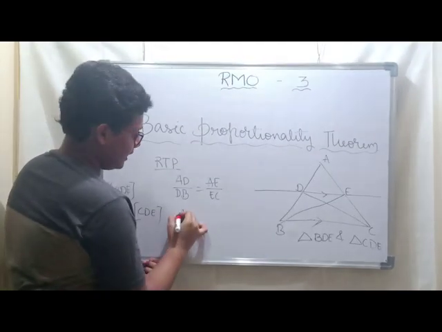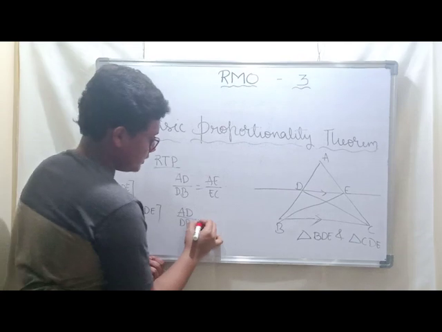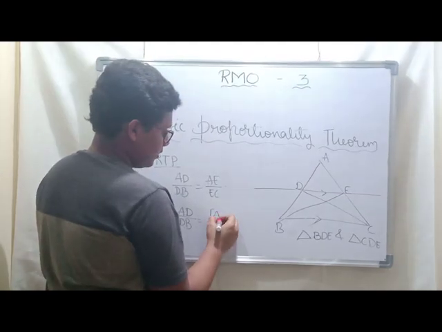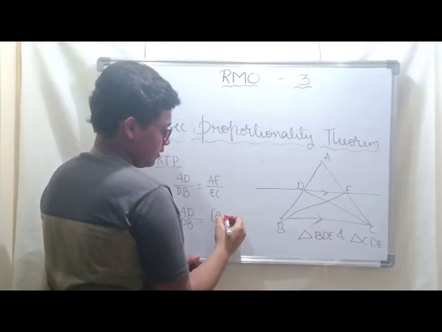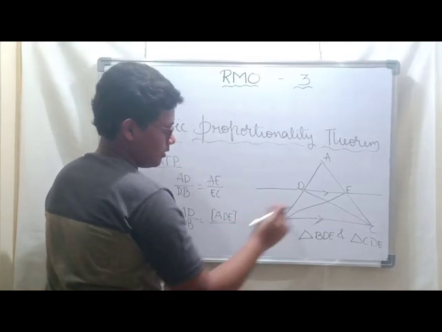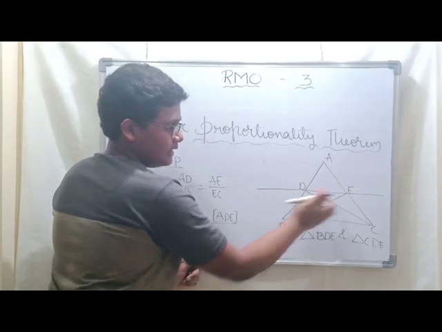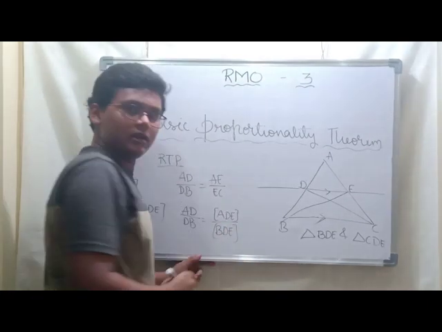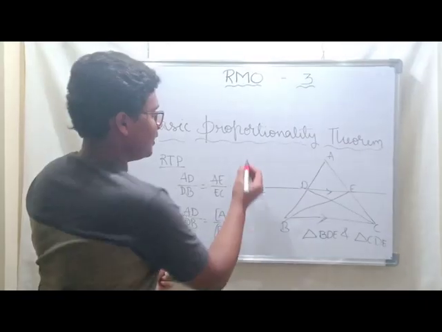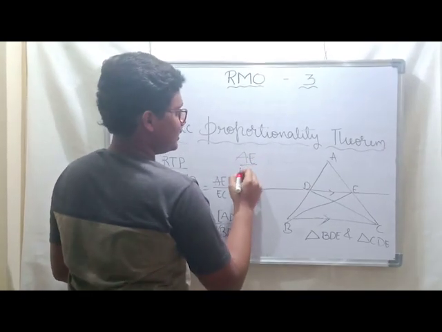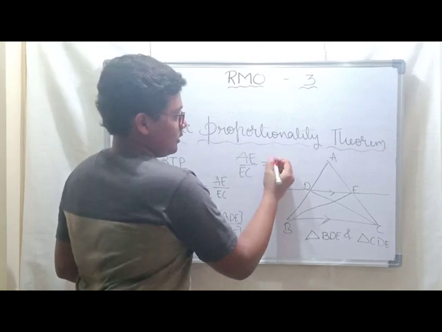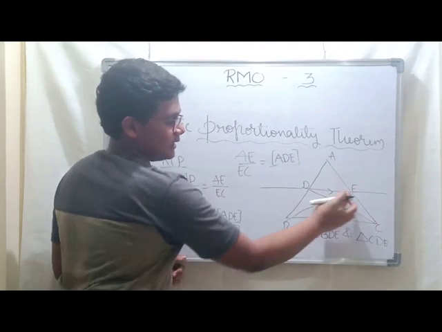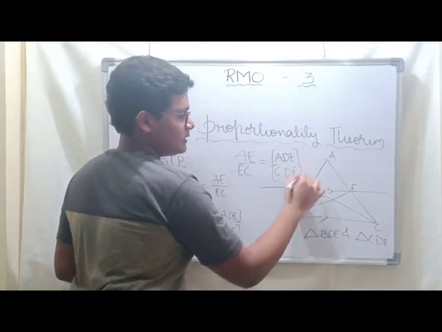Okay, now AD by DB. See, this side AD by DB is the ratio of the area of triangle ADE by the area of triangle BDE, and AE by EC is equal to the area of triangle ADE by the area of triangle CDE.